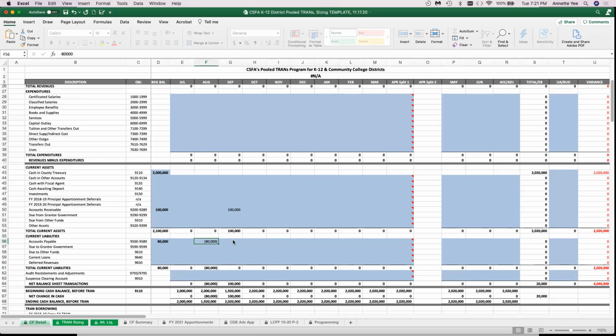But if I had accidentally put in the $80,000 as a positive, what would have happened then? If I had put it in as a positive, the same as what I did with the accounts receivable, that would have created a doubling up of the accounts payable, and it also affected my cash.